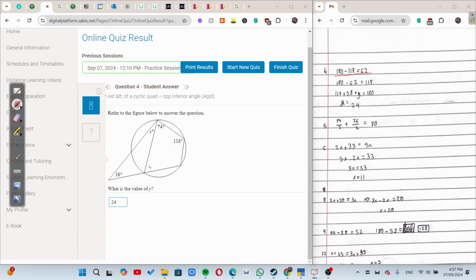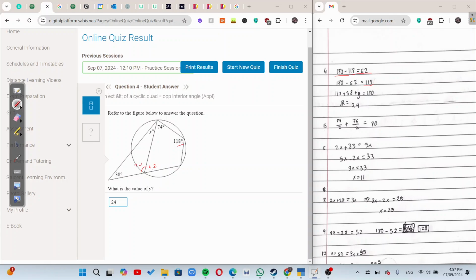And if this angle is 62, then these two are forming a linear pair, so this angle plus this angle must also equal 180. So again, 180 minus 62 gives you 118. You could just say that this angle and this angle are congruent, but to avoid confusion, you do it again. So we know that this angle here is 118.